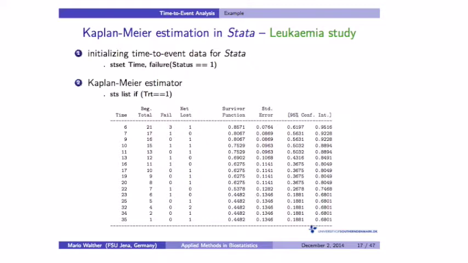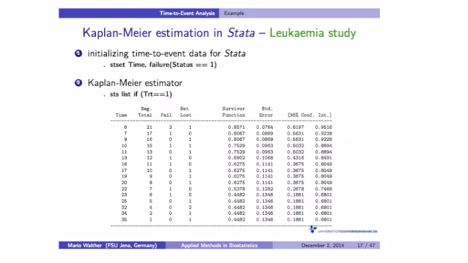The command sts, survival time statistics, and list is the command to list the survival probability as a table.